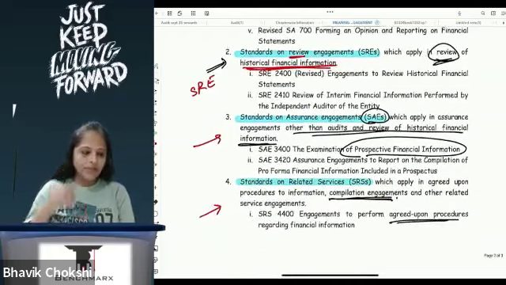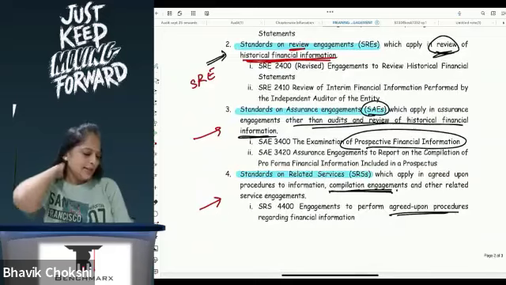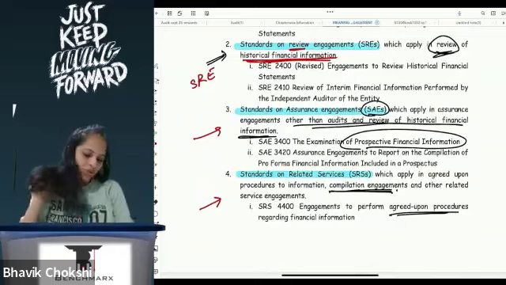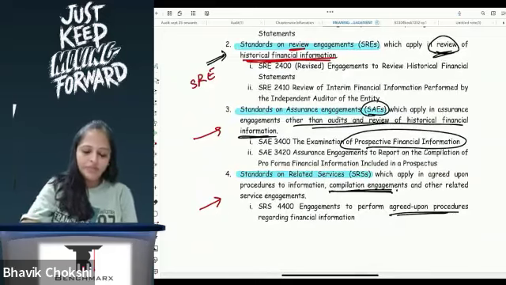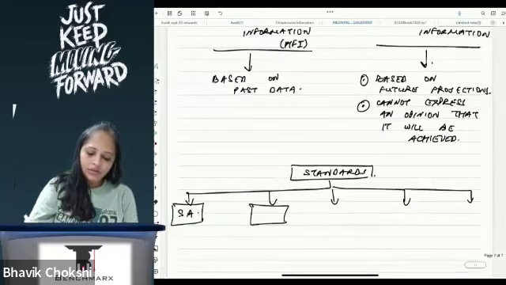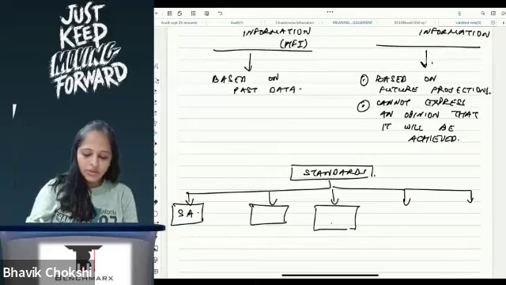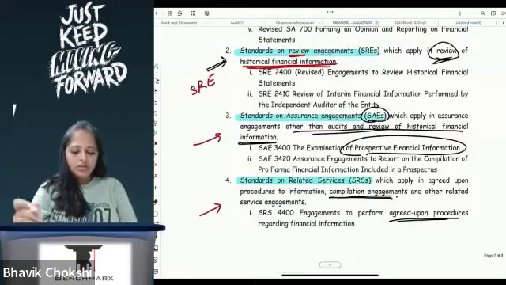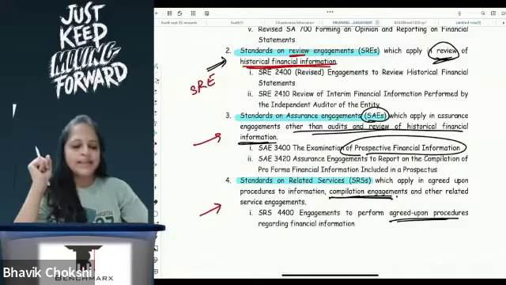Then the third box write down standards on assurance engagement, bracket SAE.